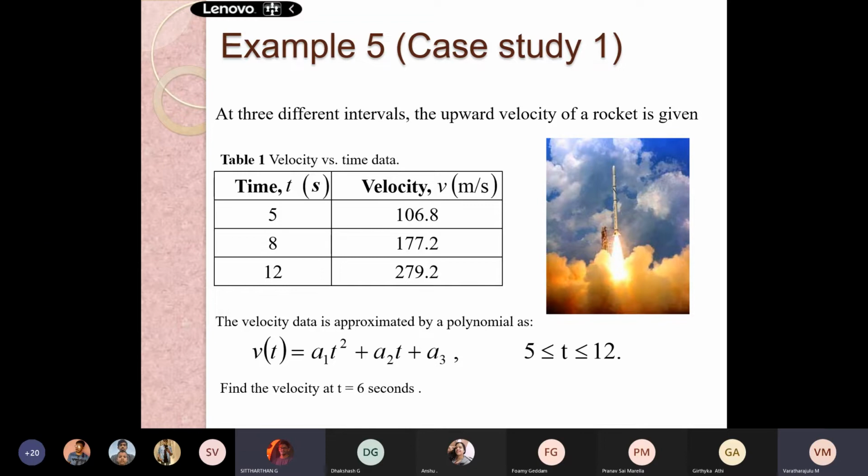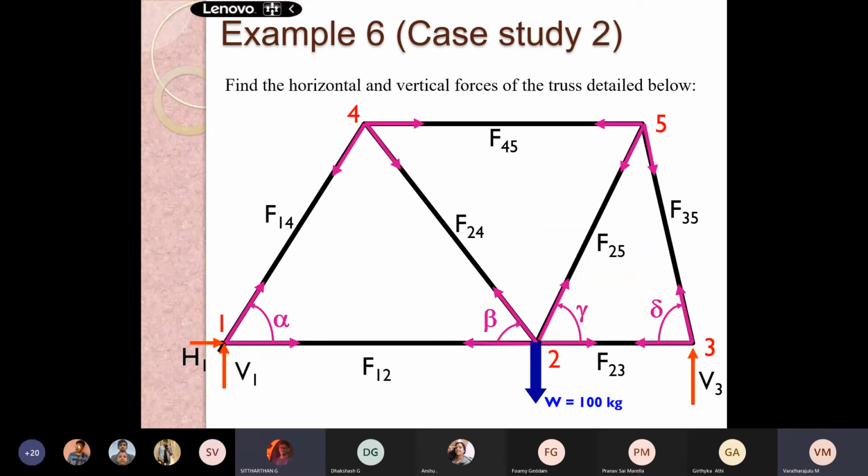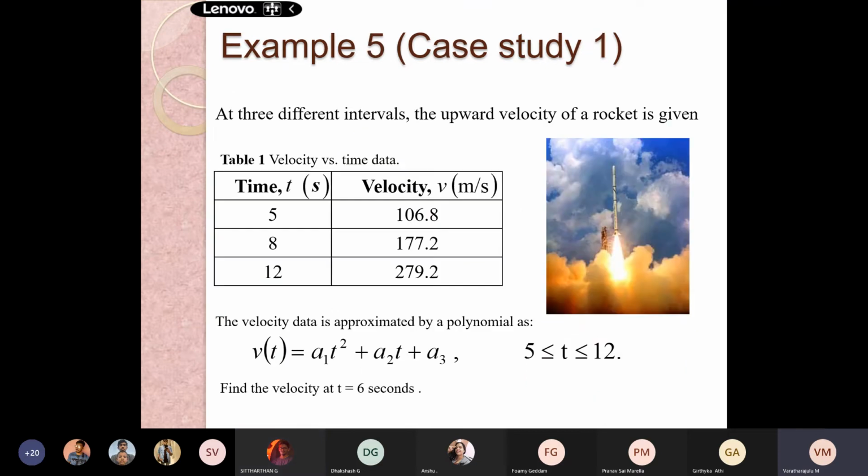As a result, we get 3 equations. Yes, absolutely, you will get 3 different equations. Then the same procedure using Gauss elimination. Yes, Gauss elimination or Gauss-Jordan method. Please solve this example, and I'll request the answers during the next class.